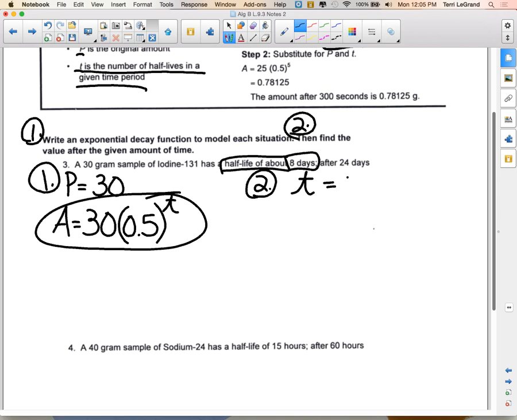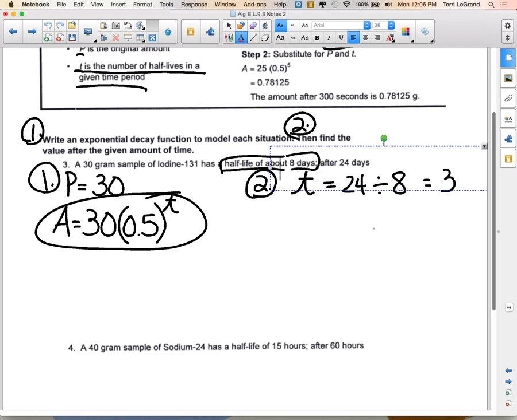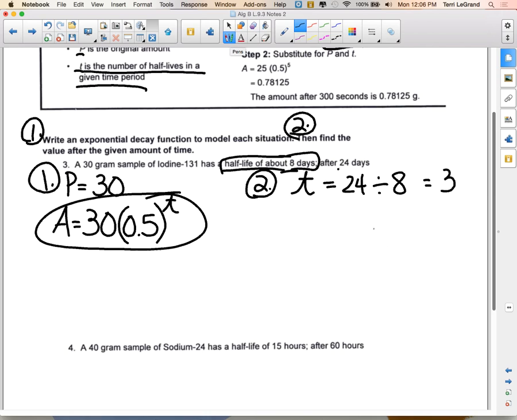So we have to figure out how many 8 days there are in the total amount of time of 24 days. How many half-lives will it go through? It's going to go through 3. So the half-life of about 8 days is an important piece of information, and then in 24 days, how many of those will it go through?